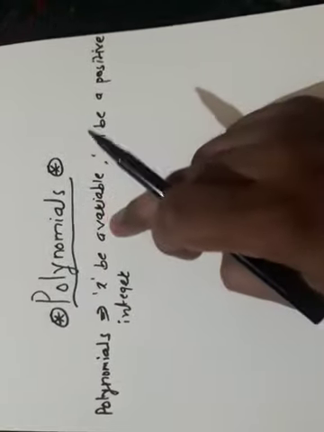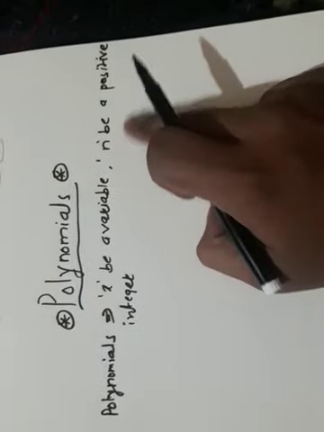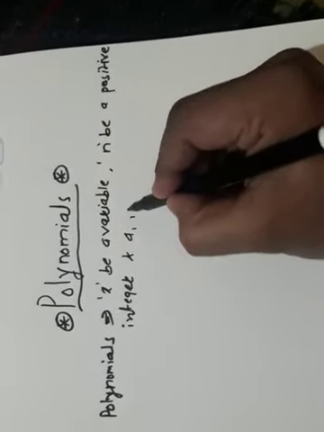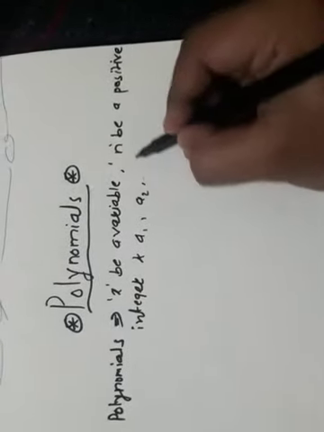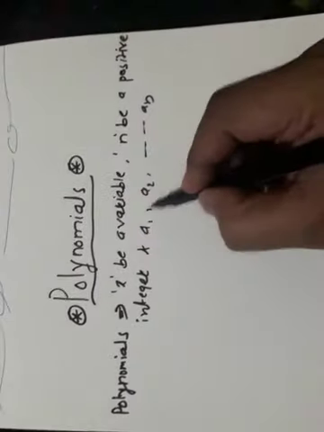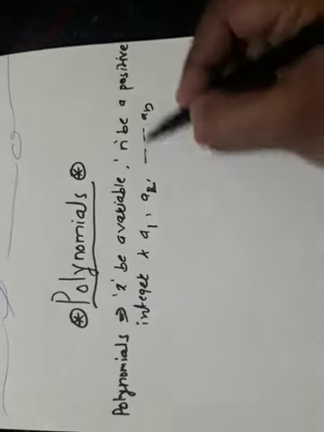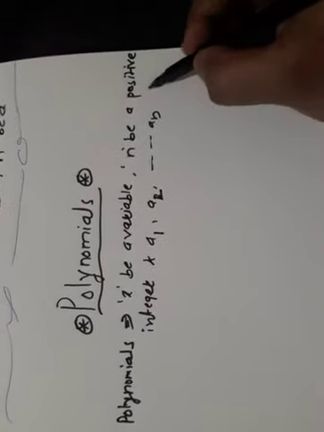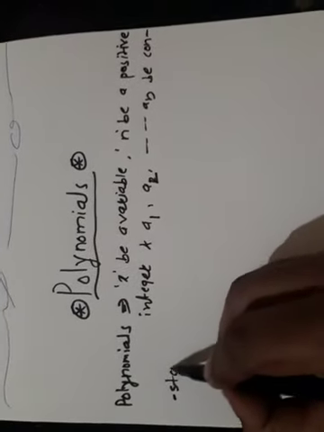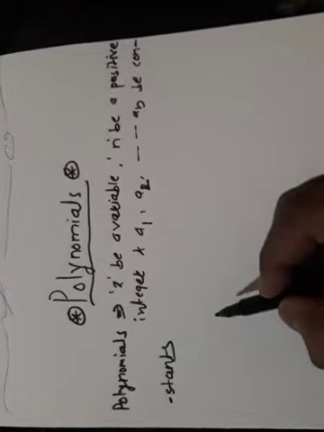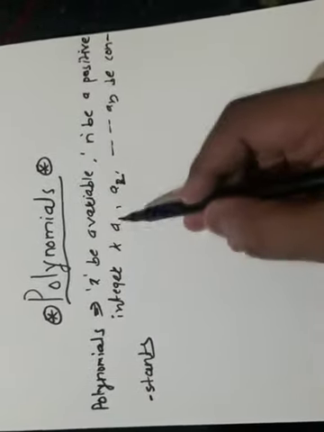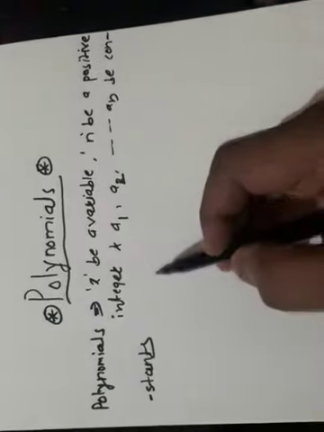Polynomials, in that what I have taken: x be a variable, n be a positive integer, and a1, a2, like that, an, be constants. x be a variable, n be a positive integer, and a1, a2, ..., an be constants.